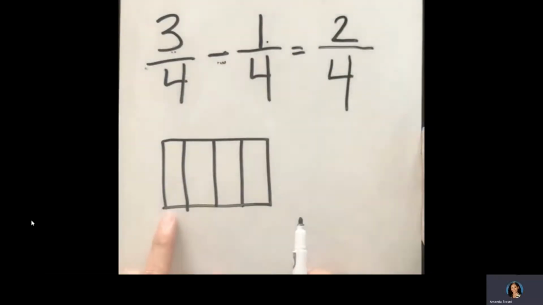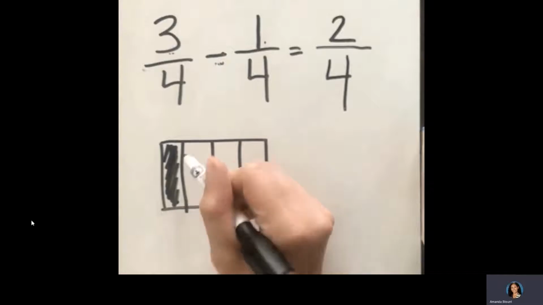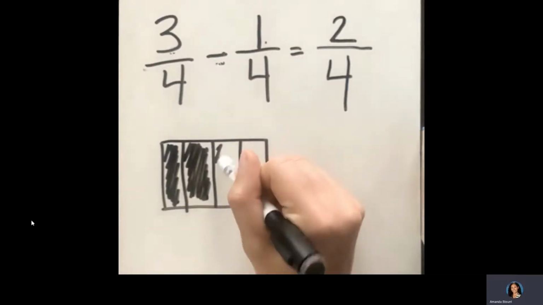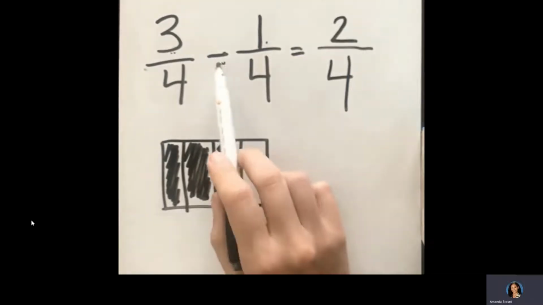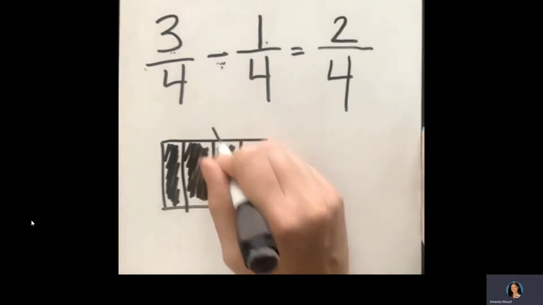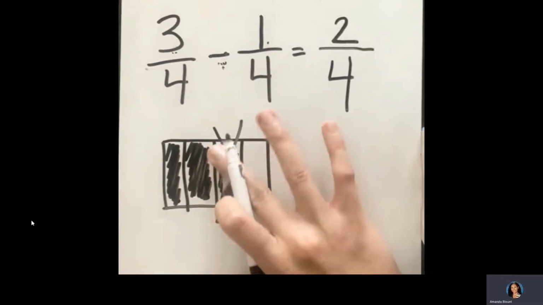And then if I were to show you a picture, I've got 4/4 right here. I'm going to shade 1/4. This is 2/4. This is 3/4. But now I need to take away 1/4. So what I'm going to do is I'm just going to put a big X. Okay, or if you want to, you can erase it.